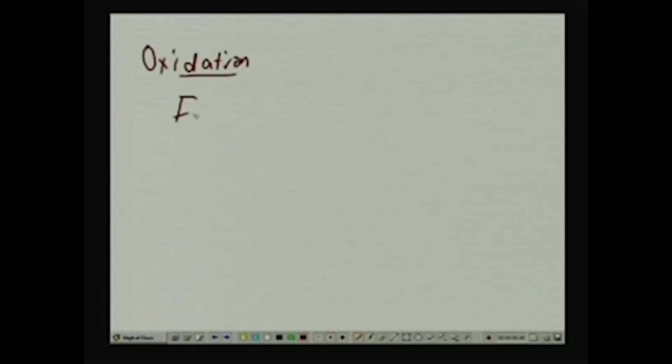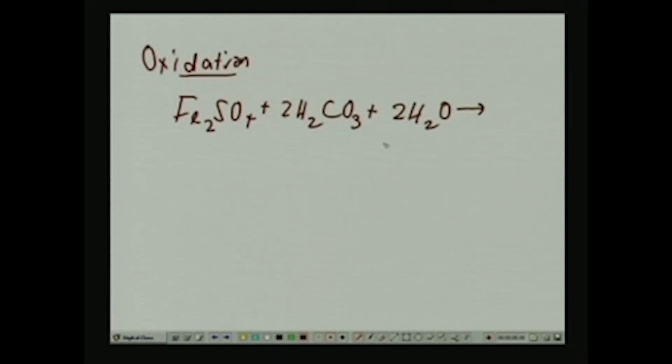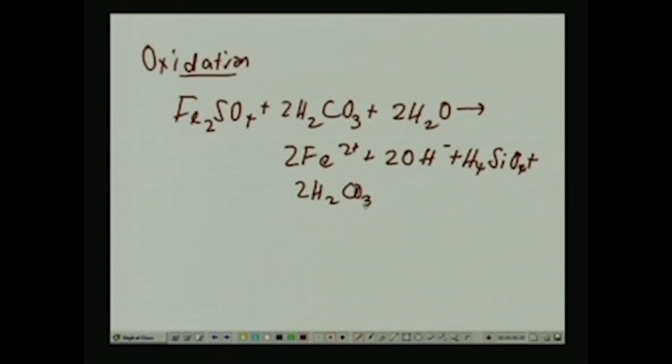Let us consider an oxidation of ferrous sulfate. Actually, this one is HCO3 minus.